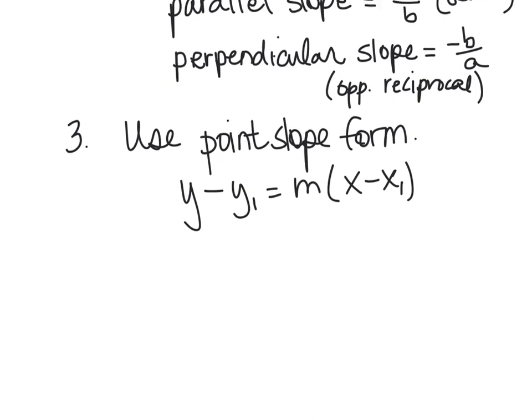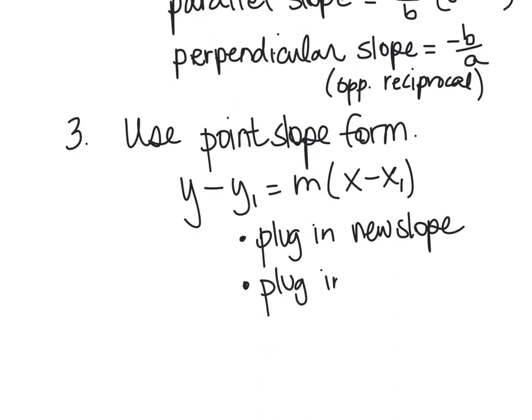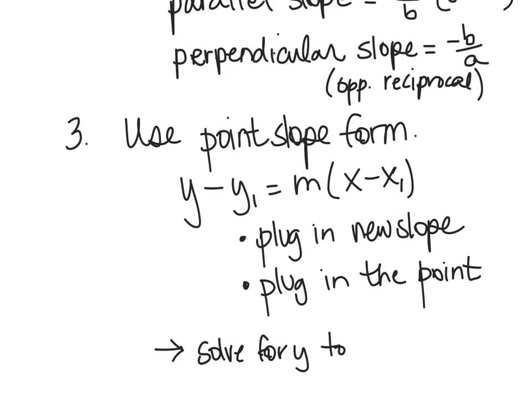Okay, and you're going to plug in the new slope, and you're going to plug in the point that you want it to go through. And you're going to have your new equation. You may continue and go into slope-intercept form where you distribute and solve for y to put the equation in slope-intercept form.